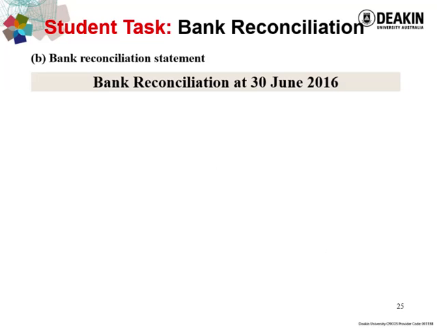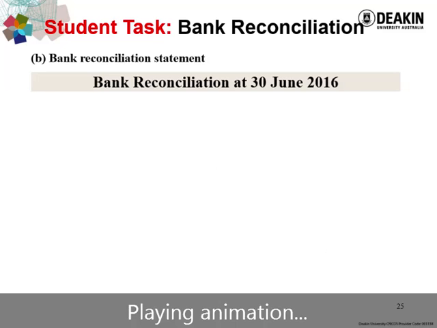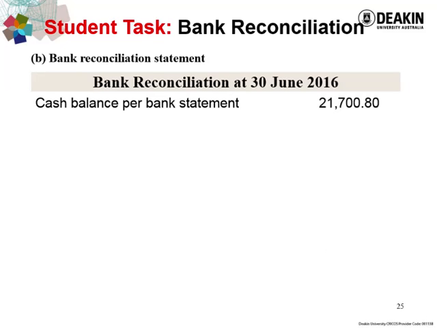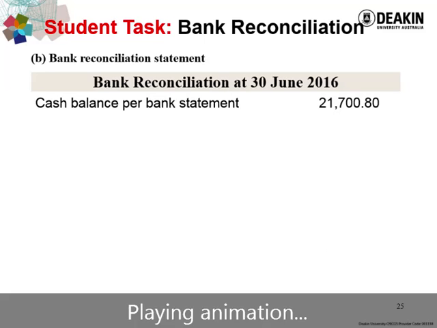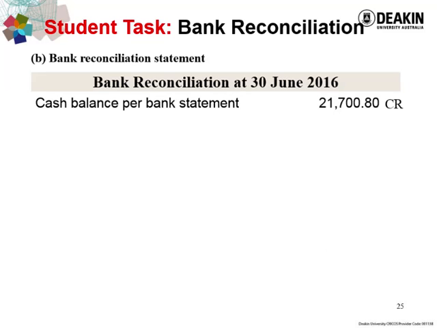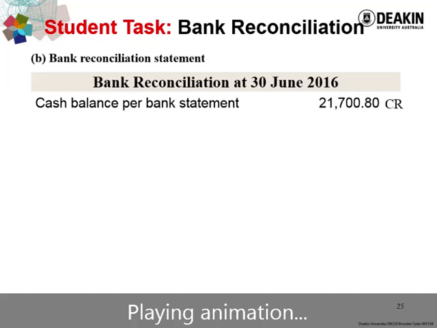Finally, let's prepare the bank reconciliation statement for this month. The title is Bank Reconciliation Statement as at 30th June 2016. We start with cash balance as per bank statement, which is credit 21700.8. We get this amount from the bank statement final figure. Then we add deposit in transit 5672.